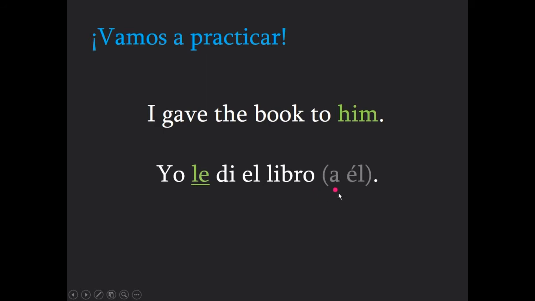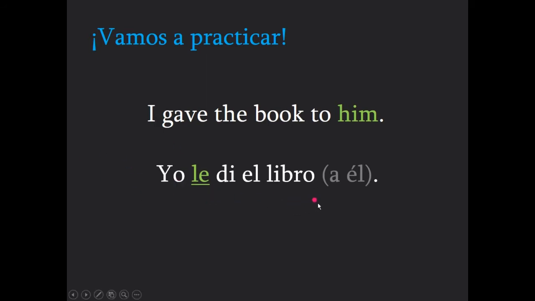Now the a él, I have grayed out here, but like I said before, with le, it could be necessary to say this, because we oftentimes have to clarify who le is. If I didn't have a él here, and I didn't have an English sentence, and I just said yo le di el libro, you wouldn't know if that said I gave the book to him, to her, or to you, the president, or your boss, or someone formal.